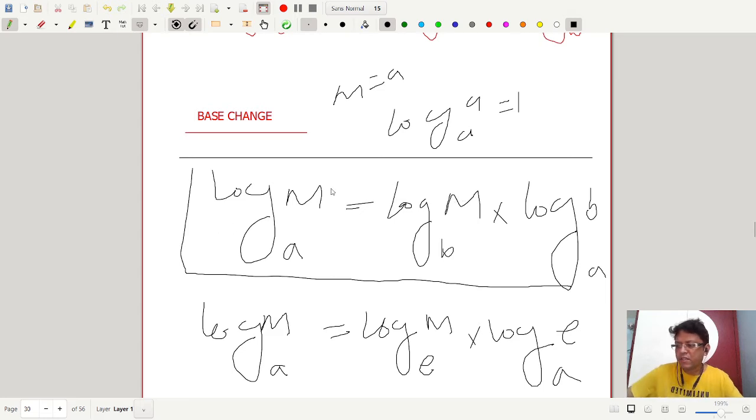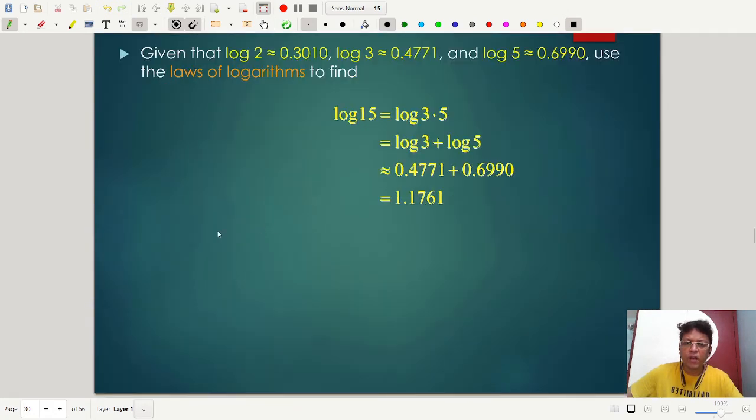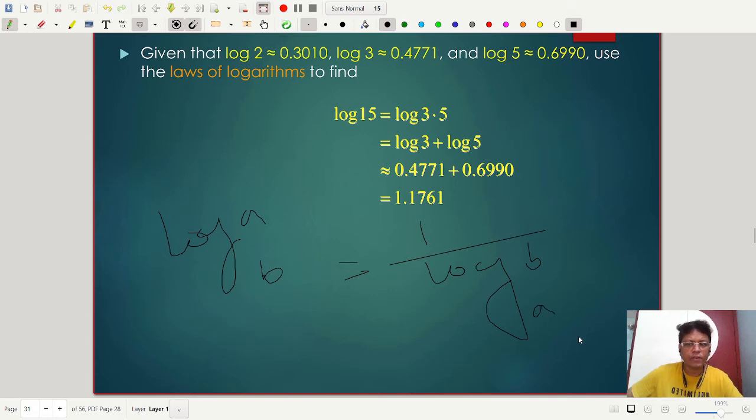So you can write also log a base b equal to 1 by log b base a. It just switches over the base and the main logarithm function. That is the main use of the base change properties.